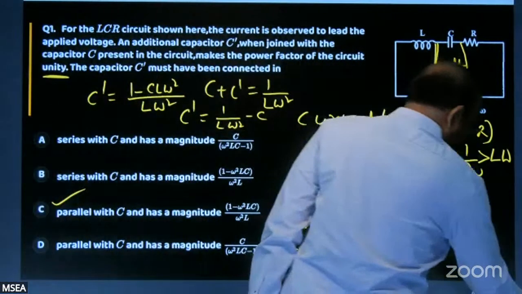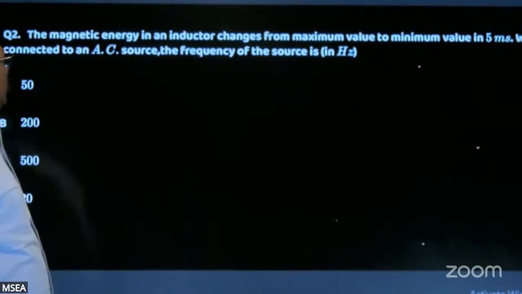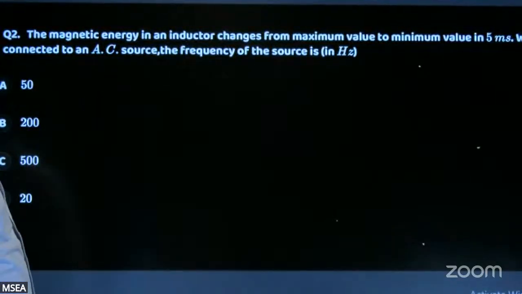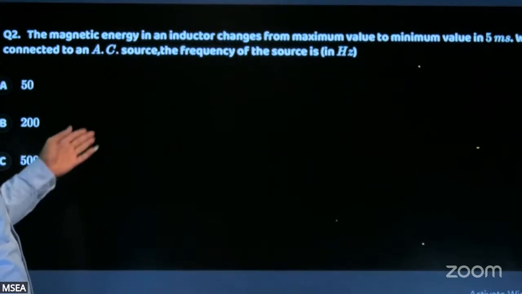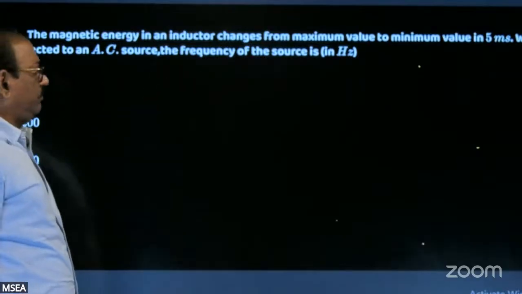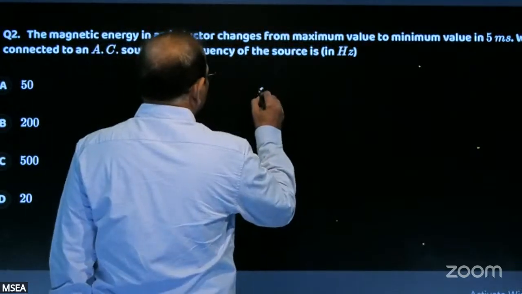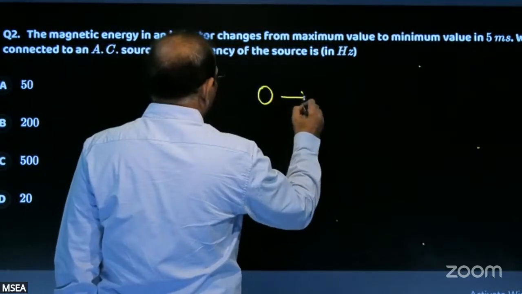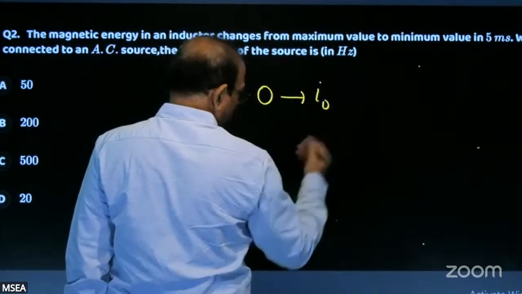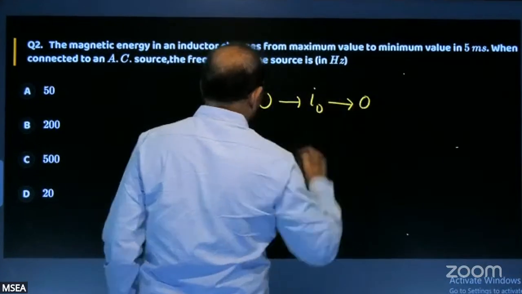Next, I'm moving on to the next problem. The magnetic energy in an inductor changes from maximum value to minimum value in 5 milliseconds when connected to an AC source. Find the frequency of the source. In these AC circuits, suppose current increases from 0 to I naught, the maximum value, and then decreases from I naught to 0.